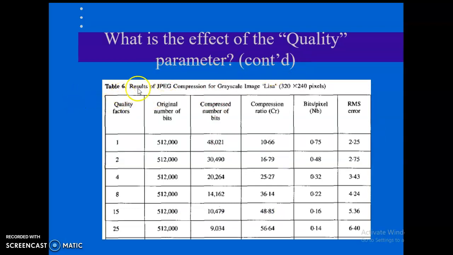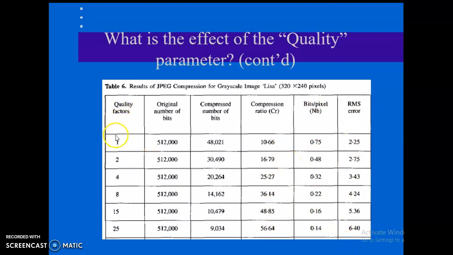Continuing, results of JPEG compression for the grayscale image Lena, 320 by 240 pixels. Quality factors, original number of bits, compressed number of bits, compression ratio, bits per pixel, RMS error.